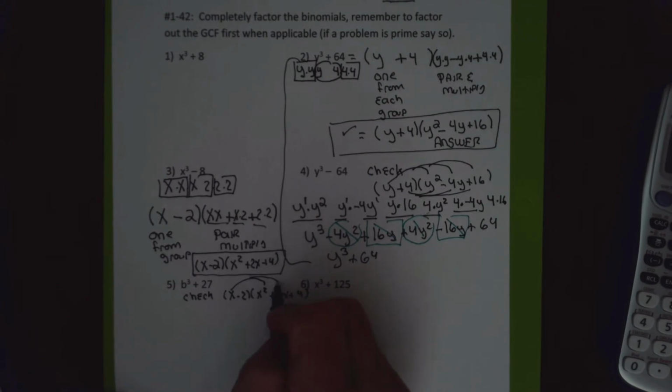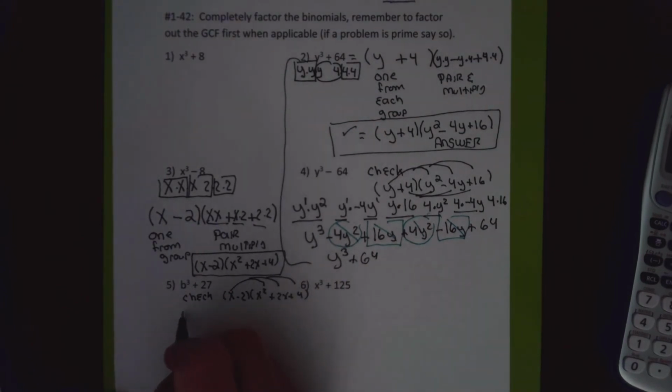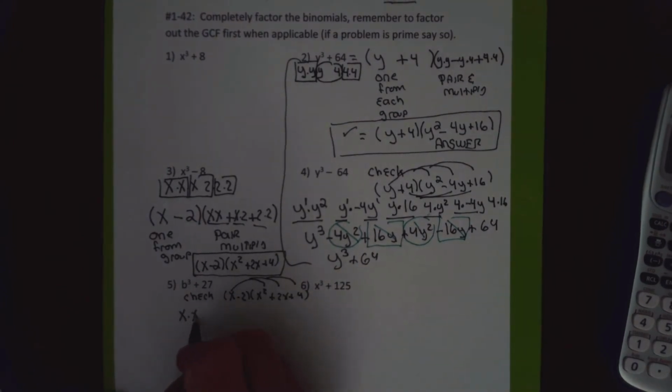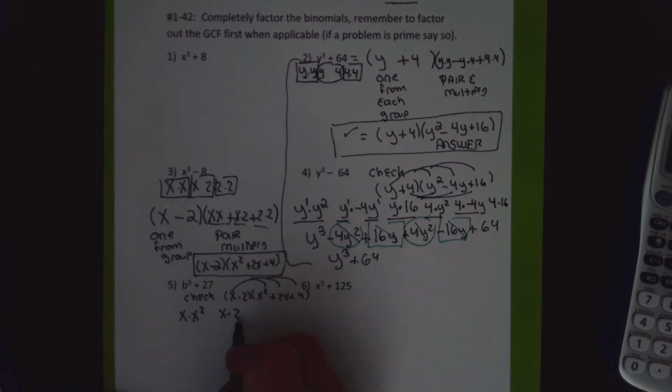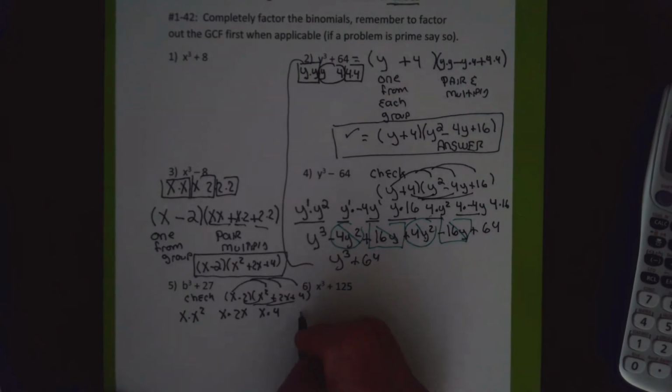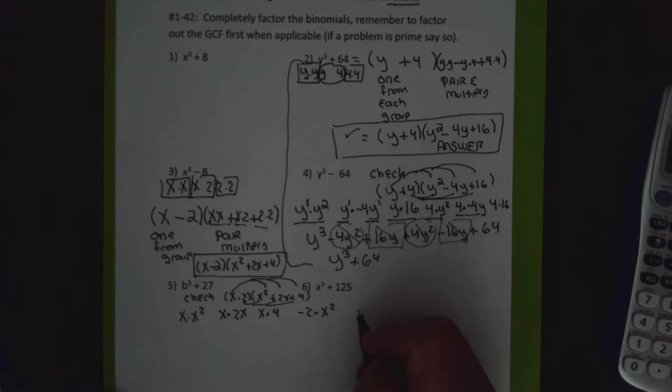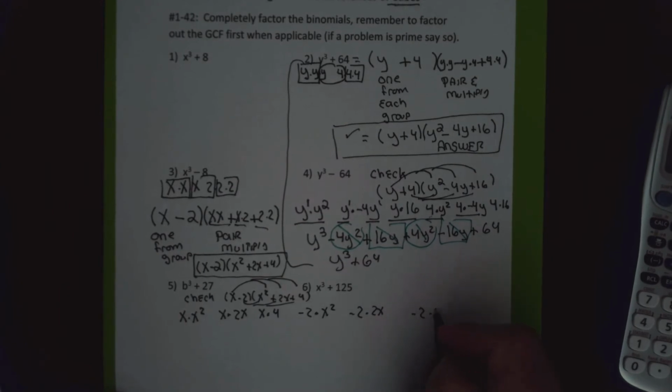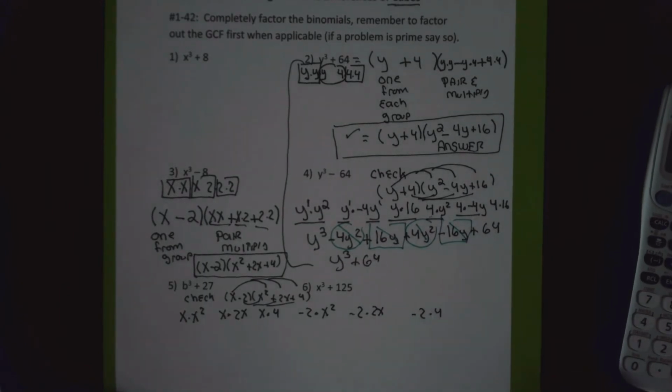I need to take the x in the left parentheses, multiply it by the x squared in the right parentheses, the x in the left parentheses, multiply it by the 2x in the right parentheses, the x in the left parentheses, multiply it by the 4, and then the same with the minus 2. Minus 2 in the left parentheses times x squared, minus 2 times 2x, minus 2 times 4 in the right parentheses.